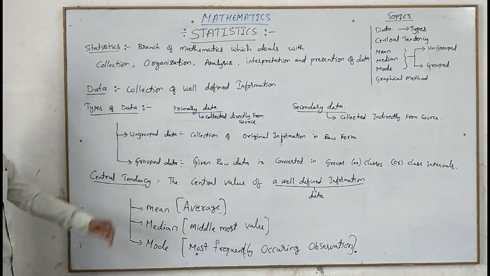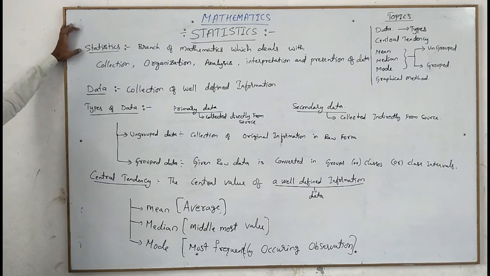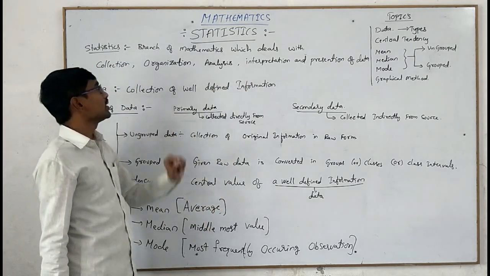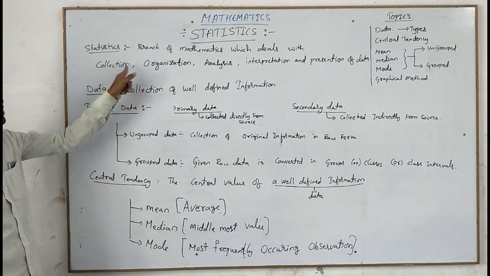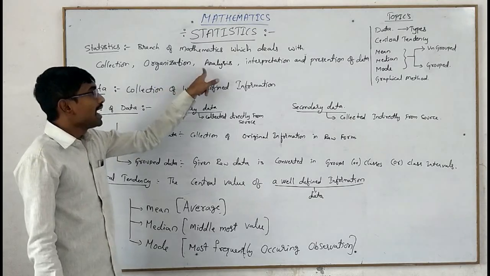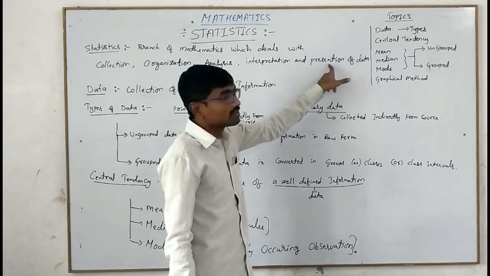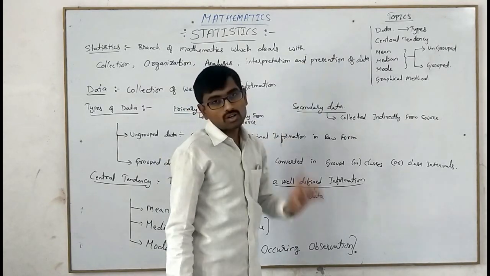Now coming to the point, statistics. First we are going to discuss the definition of statistics. What is statistics? Statistics is a branch of mathematics which deals with collection, organization, analysis, interpretation, and last one is presentation of the data.